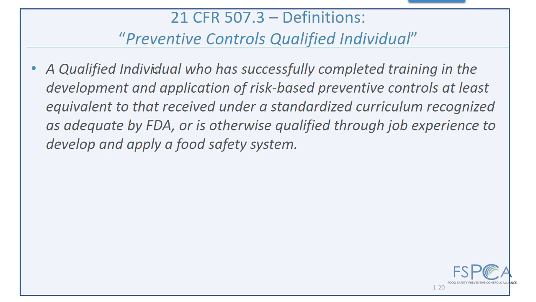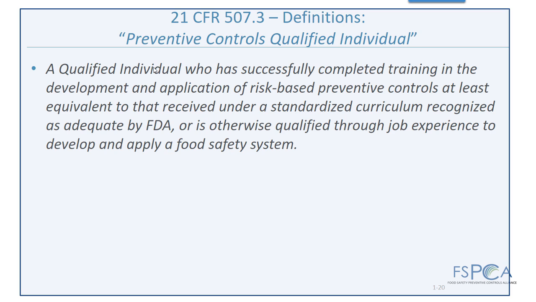This is a qualified individual, so someone who already has training for their job and has already received food hygiene training, who has successfully completed training in the development and application of risk-based preventive controls at least equivalent to that received under a standardized curriculum recognized as adequate by FDA, or is otherwise qualified through job experience to develop and apply a food safety system.